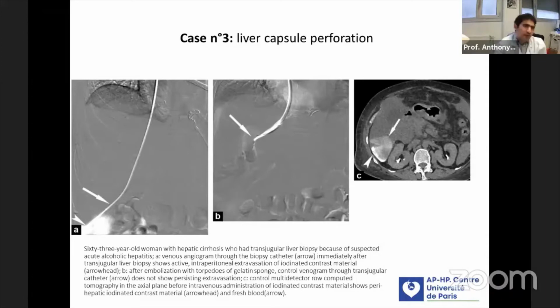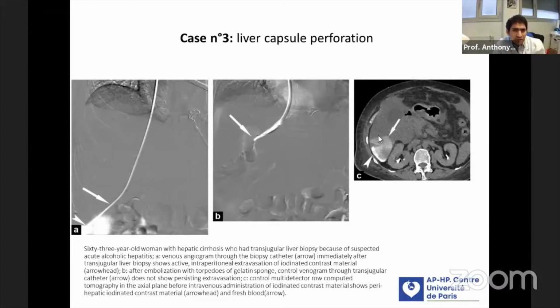So if your needle is very far in the liver, when you perform the biopsy, you may biopsy the liver capsule. And when you do the angiogram after the biopsy, you will see extravasation of contrast.